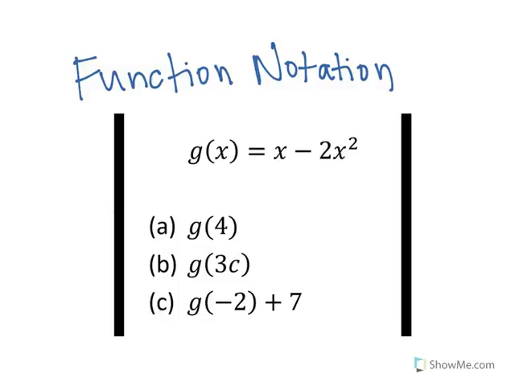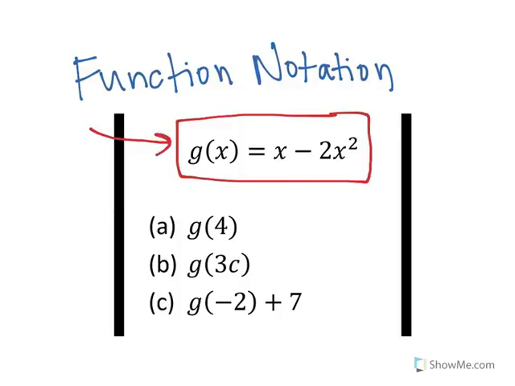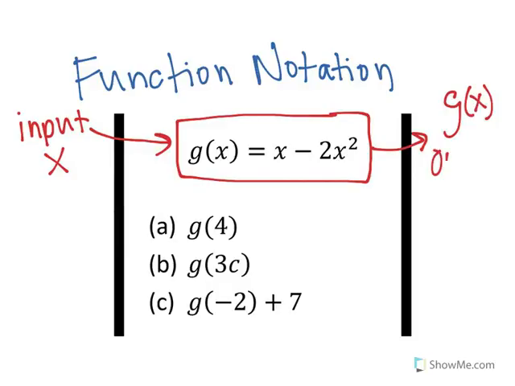In solving an equation in function notation, we can pretend that this function is a machine, and our value that we're plugging into the machine is the input, which is x, and the value coming out of the machine is g(x), or the output.